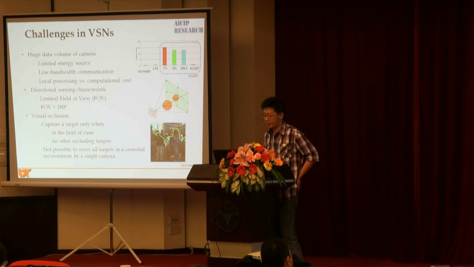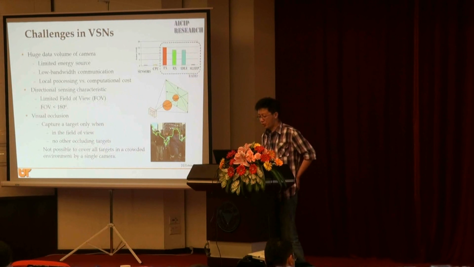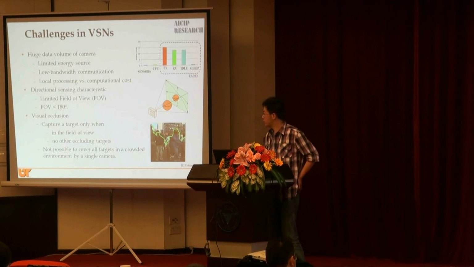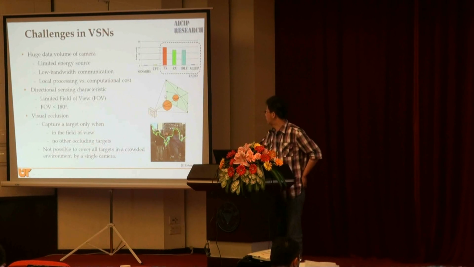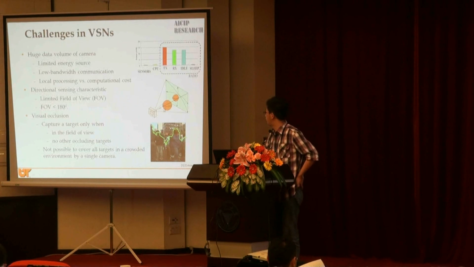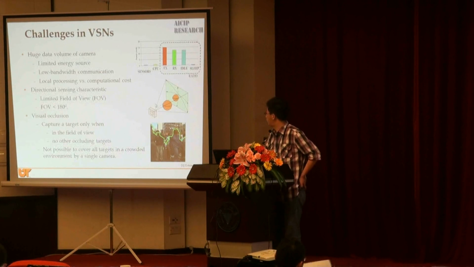The second challenge is the directional sensing characteristic of the sensor. As we can see, the sensor has a limited field of view, and the FOV is less than 180 degrees.